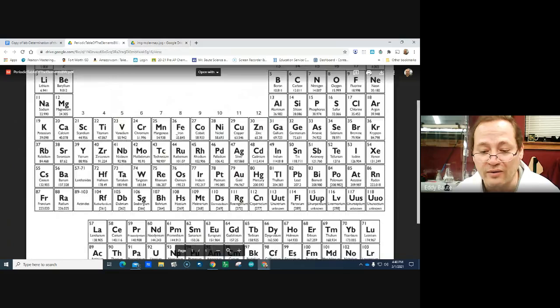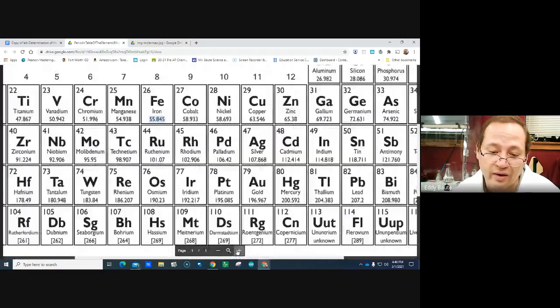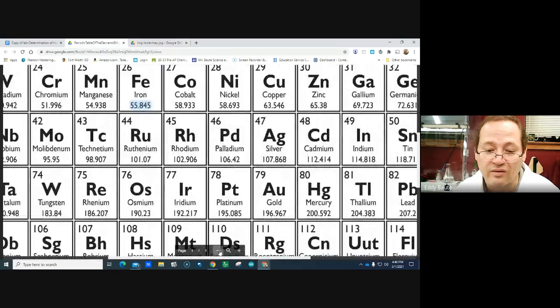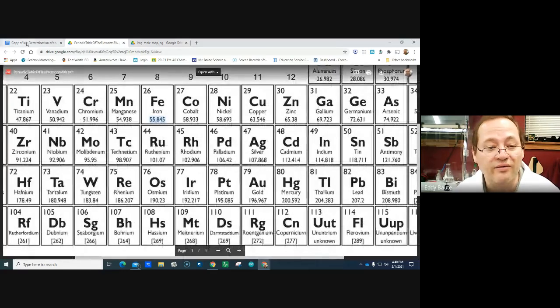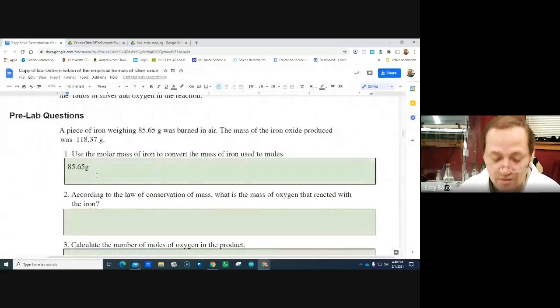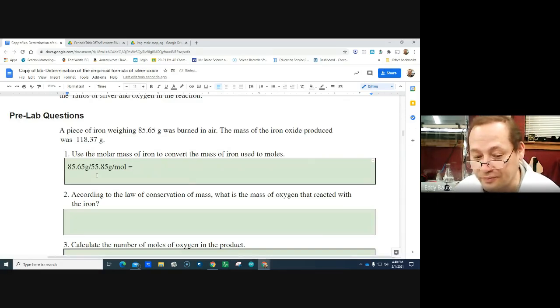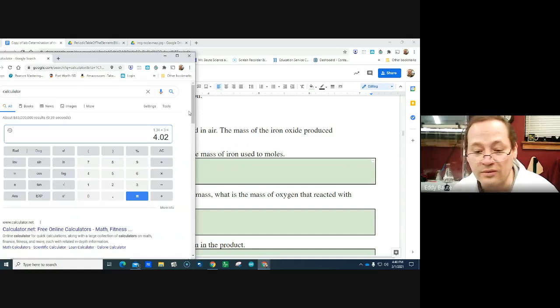And the molar mass of iron is 55.85 rounded, you can see there. Let's round it to that number. So we need to divide this mass by 55.85 grams per mole, and the result should be the moles. Okay, so let's do this. I have a calculator over here.